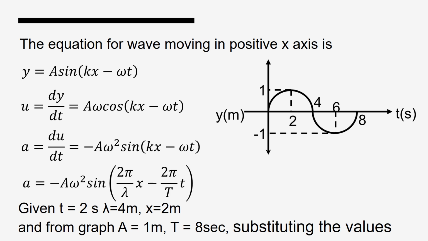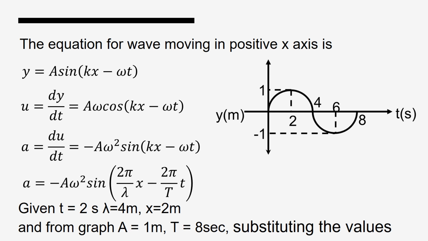Given that t is equal to 2 seconds, λ is equal to 4 meters, and x is equal to 2 meters, and from the graph, amplitude A is equal to 1 meter, periodic time T is equal to 8 seconds.